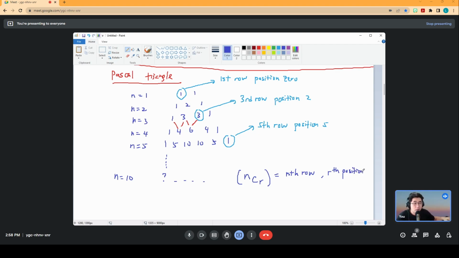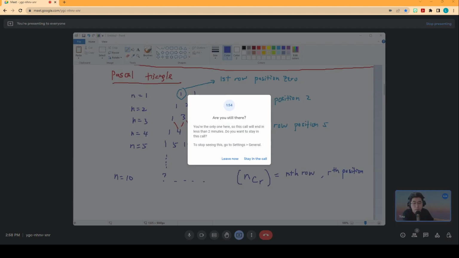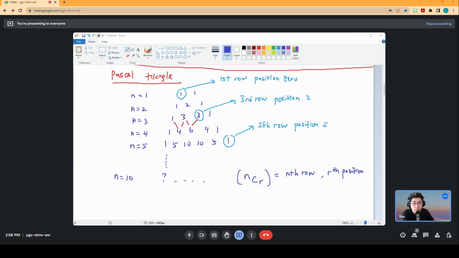We can actually use a calculator. So let's look at the calculator.